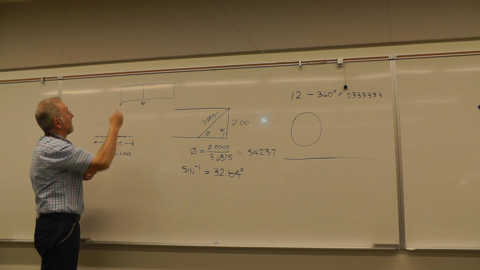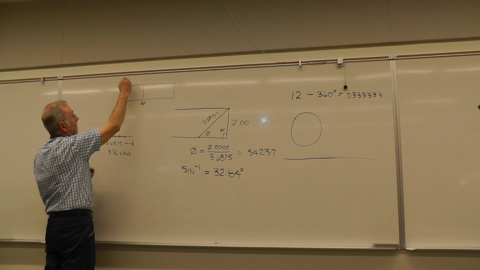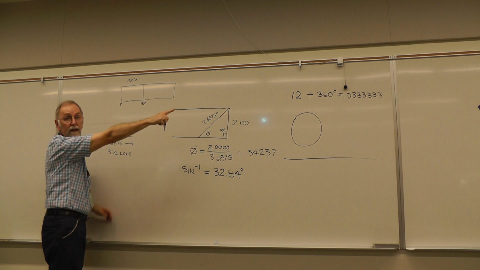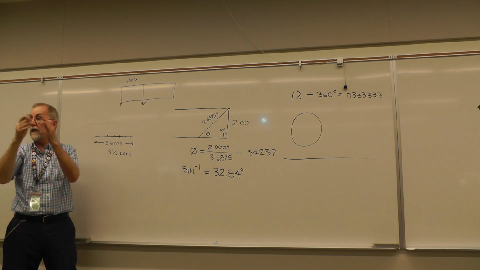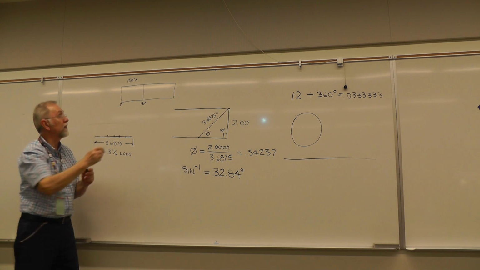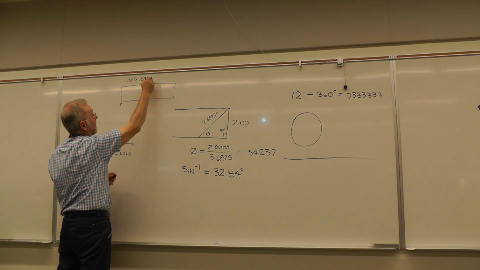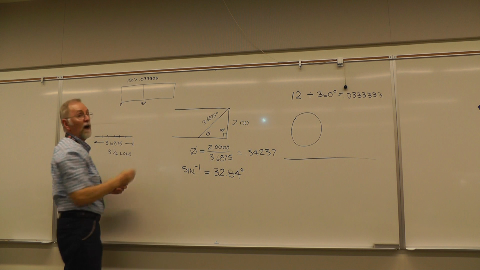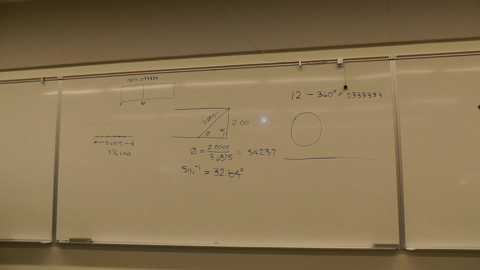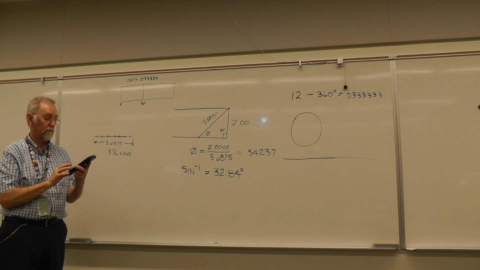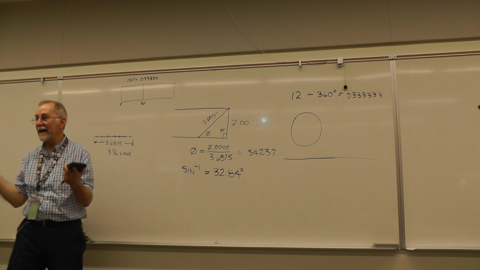If I take the degrees, 150, and multiply it by my increment of inches per degree, 0.03333, taking it out to 5 places, 150 times 0.03333 gives 4.9999.